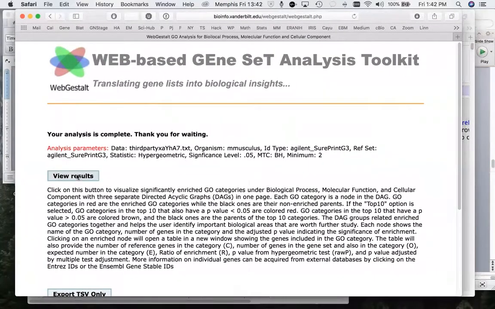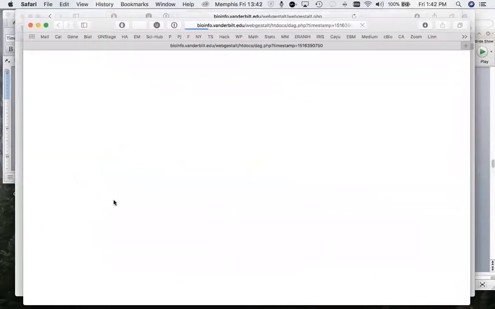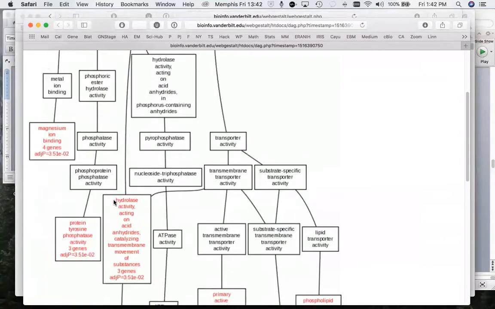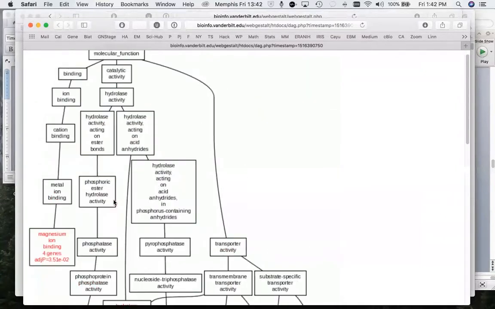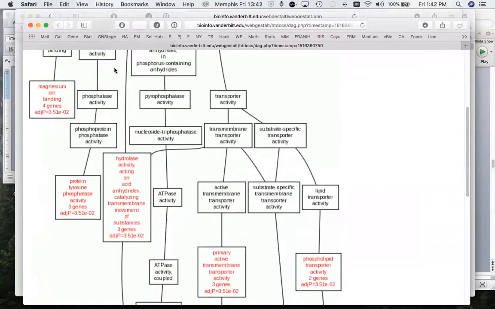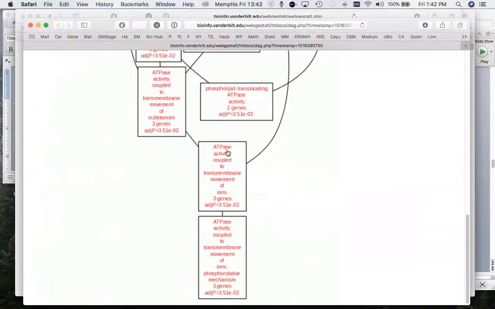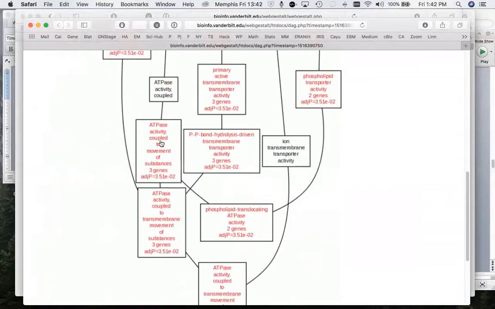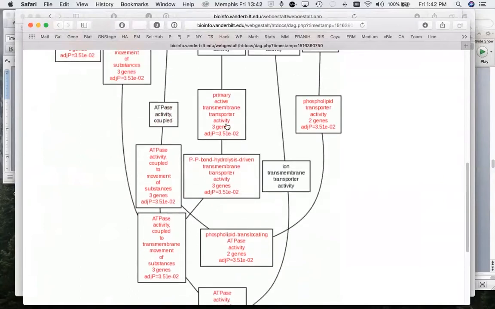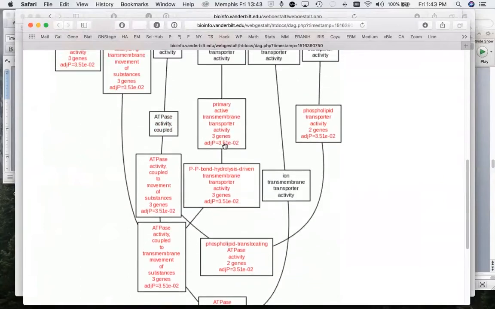So now I had 148 transcripts that covaried, and I can see how they're enriched here in a gene ontology for molecular function. So this is not a killer analysis, but you can see that we have 3 genes that are supposedly in this particular category.